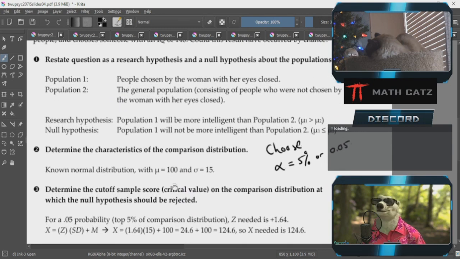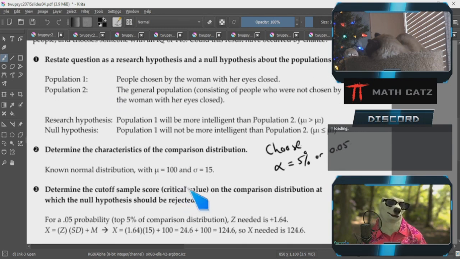So that's how I choose the corresponding z-score for my cutoff. I can then also say, well, what is the actual IQ score that corresponds to this 1.64? Well, we saw that last time. You put in the z-score, standard deviation, mean, and you get 124. So these two are equivalent for this discussion.